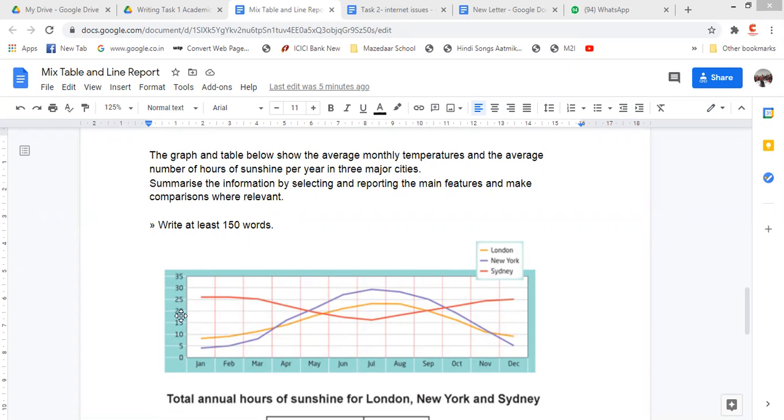You can call it sunlight. Instead of saying per year, you can say annually. Annual sunlight in London, New York, and Sydney.